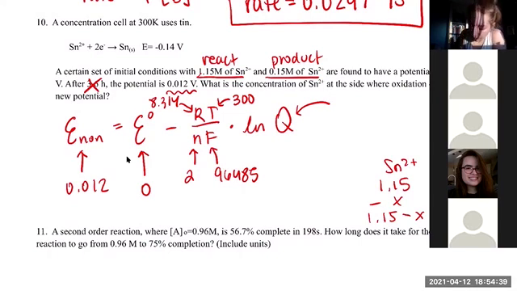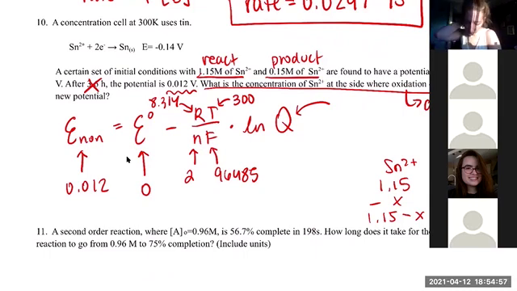That's ultimately what this question is asking. What is the concentration at the side where oxidation occurs? Okay. And again, oxidation happens at the anode, or in this case, it was the reactants, right? Oxidation occurs. Hold on.